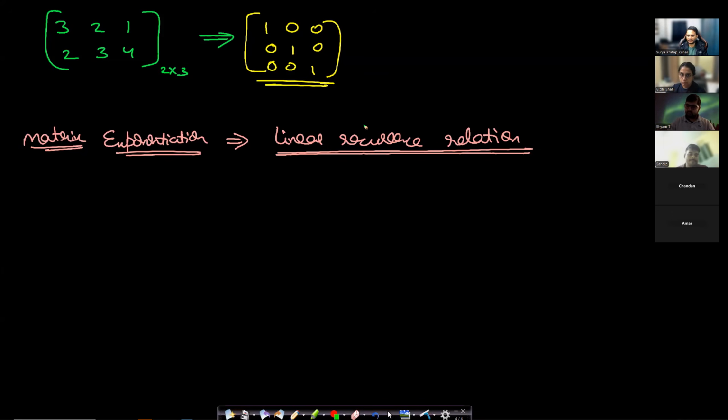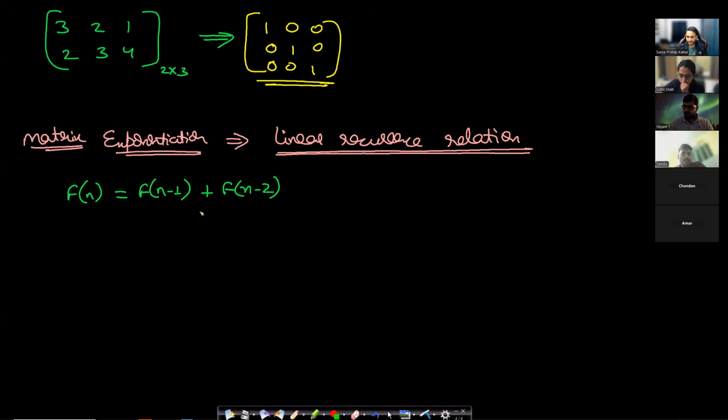Now let's try to understand what a linear recurrence relation is. You know the Fibonacci series? That is a linear recurrence relation. So what is the function of Fibonacci? F of n equals f of n minus 1 plus f of n minus 2, right? This is a linear recurrence relation.